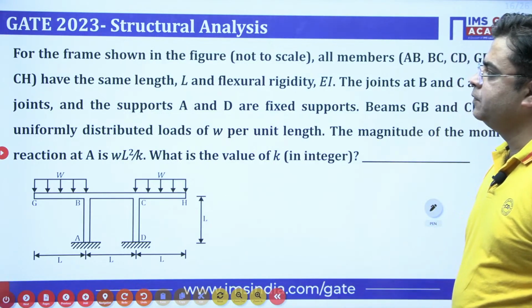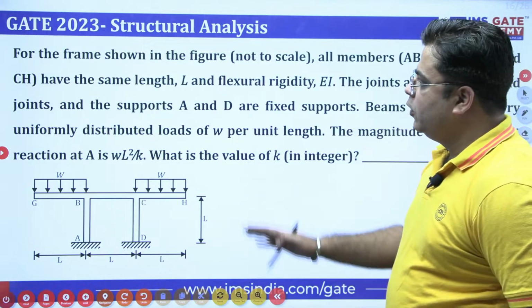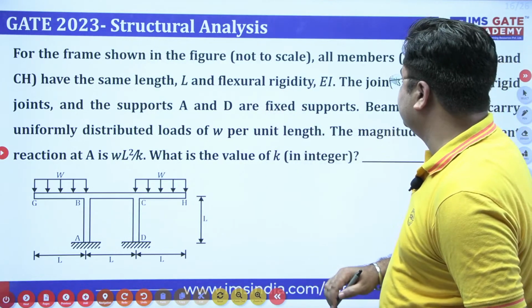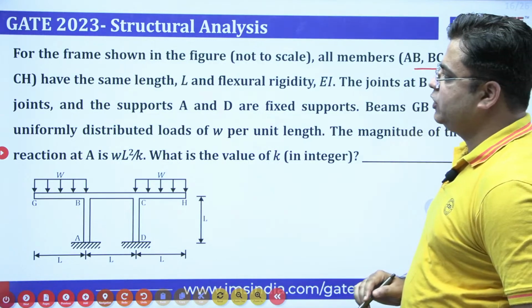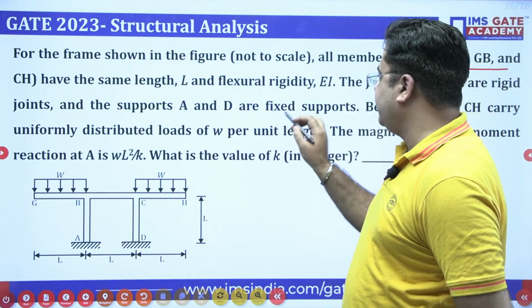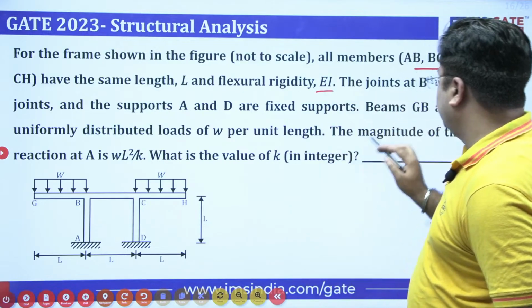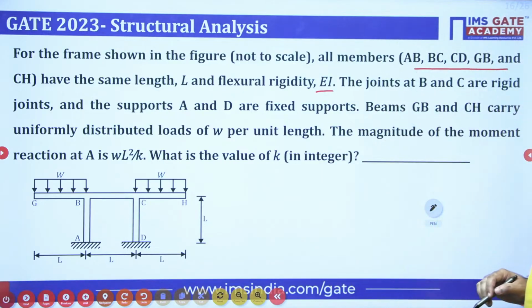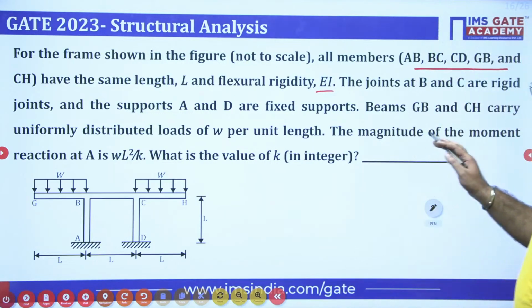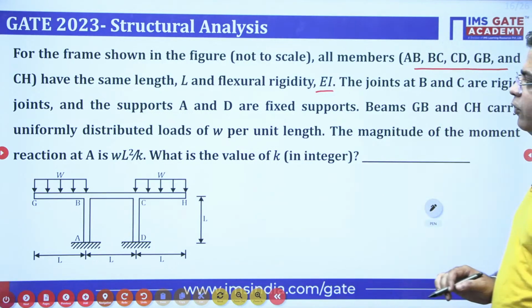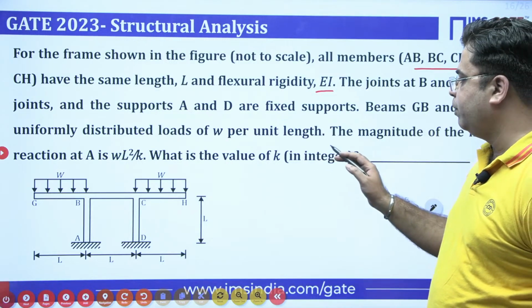Let's see this. The question says that for the frame shown in the figure, not to scale, all members AB, BC, CD, GB and CH have the same length and flexural rigidity EI. The joints at B and C are rigid joints and the supports A and D are fixed supports. Beams GB and CH carry a uniformly distributed load of W per unit length.